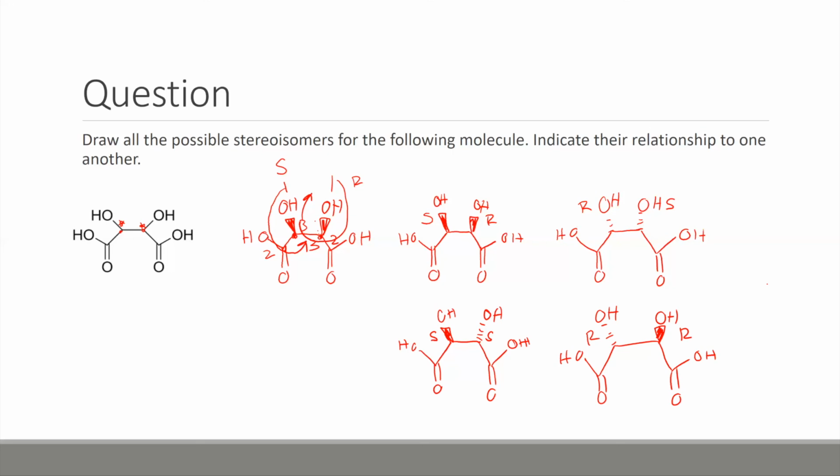Now, normally we would look at all of these and see their mirror images. So these are mirror images, and these are mirror images. So you would innately say this is an enantiomer and this is an enantiomer. However, if we look at this mirror image and this mirror image, and you flip this compound around, you notice that they actually are superimposable on each other.